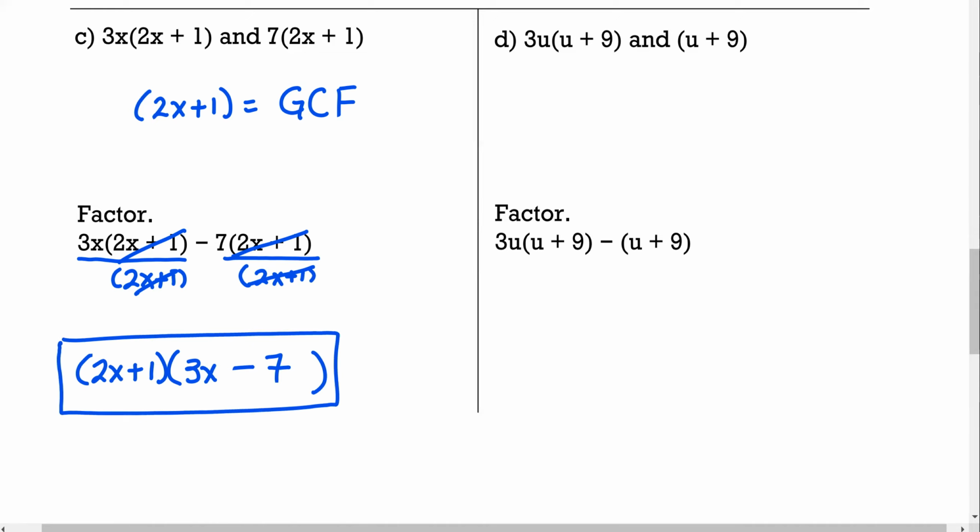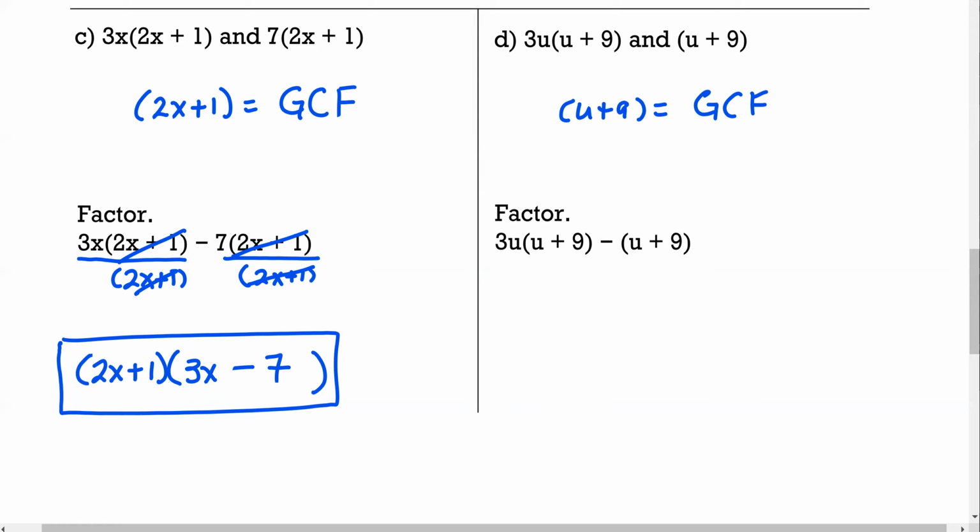So let's take a look at part D. Another example we have here, 3u parentheses u plus 9 and the term u plus 9. So our GCF here is u plus 9. So if we consider this as an expression, this time I have 3u times the quantity u plus 9 minus the quantity u plus 9.